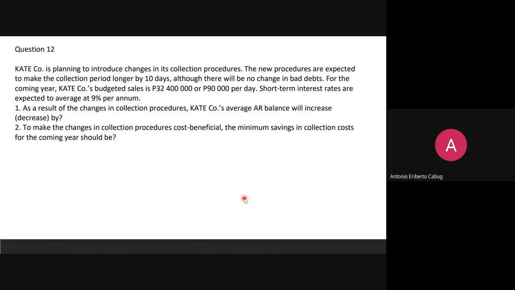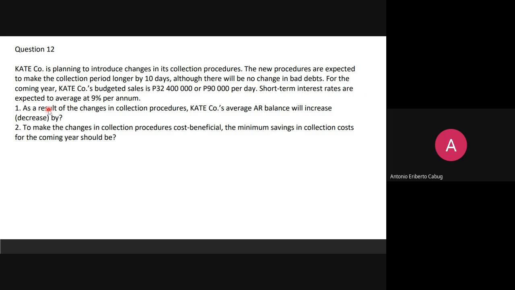Kate Company is planning to introduce changes in its collection procedures. The new procedures are expected to make collection period longer by 10 days, although there will be no change in bad debts. For the coming year, Kate Company's budgeted sales is 32.4 million or 90,000 per day.